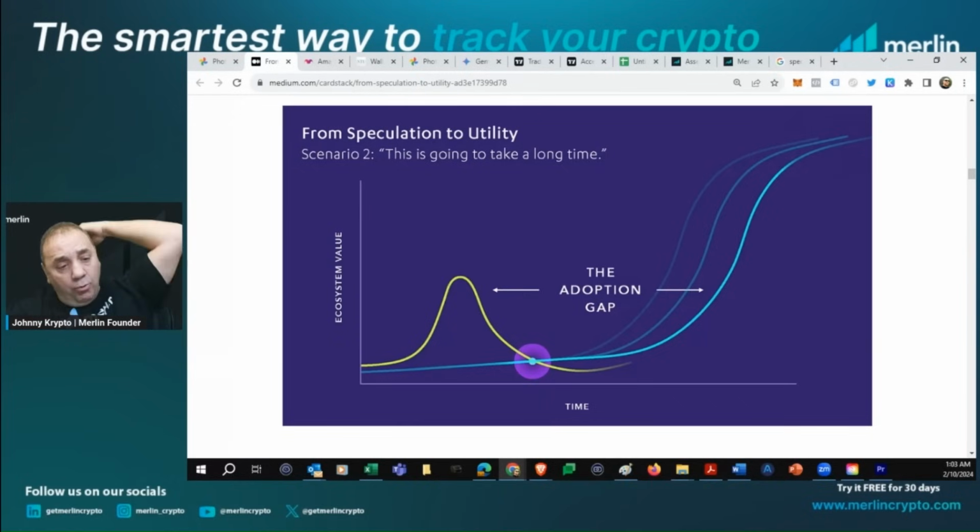And why is this important? Well, when you think of an exit plan, it's so important to know how the price action is going to behave. If you know the price action is going to behave like we see here in the yellow curve, where it's going to go up and it's going to go down, we want to make sure we're creating a plan that can capitalize on the way up so we don't end up holding everything on the way down.